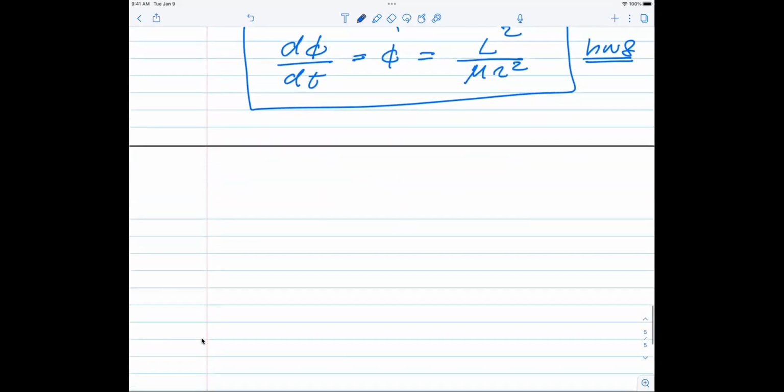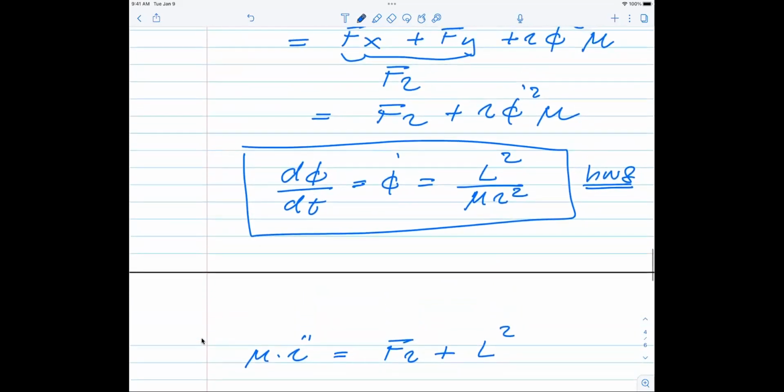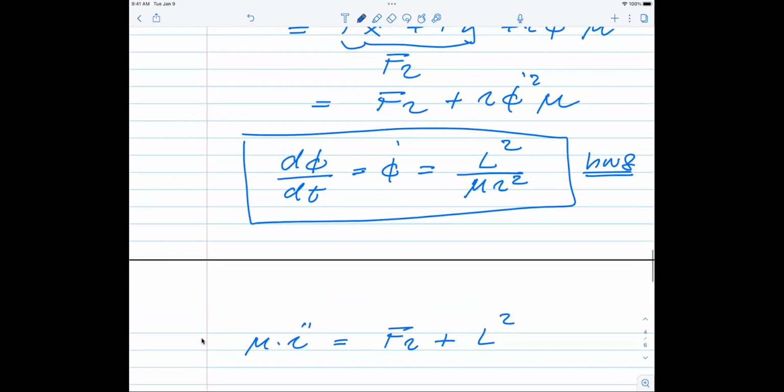So what we have now is an equation, if I now look at mu times r, which is given by this force in the r direction, plus the angular momentum, L squared. But now I have this to the power of 4. So I get L to the power, sorry, it's not L squared, but it's just L here.